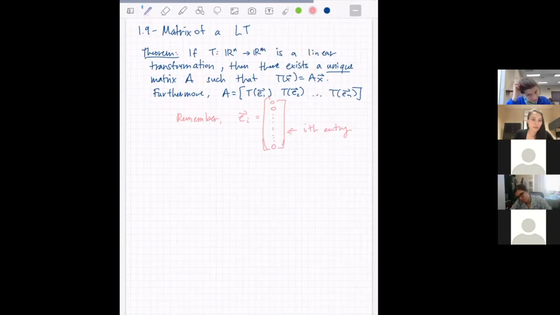Okay. So we're going to go ahead and prove this. What we can do is consider a vector X. And we talked about this identity matrix last time.